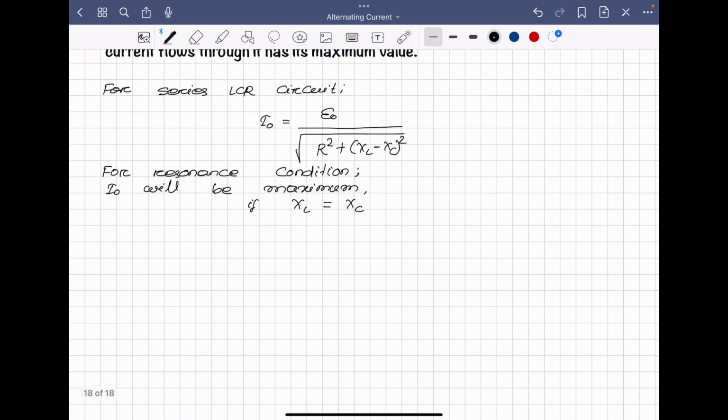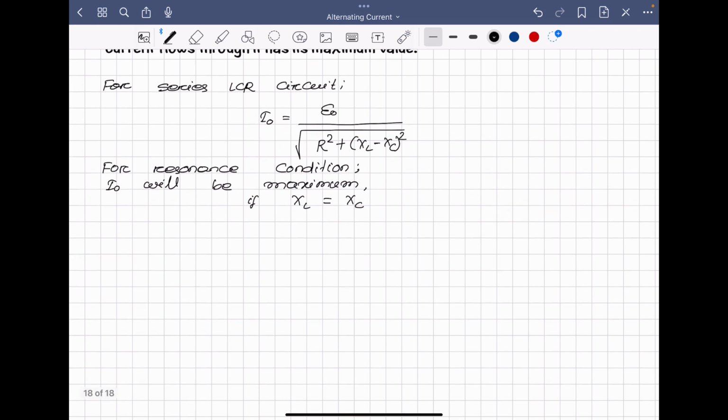So then what about XL? We know XL is omega L. In place of XC we can write 1 upon omega C. Then we can write omega square equals 1 upon LC, or we can also write omega equals 1 by under root LC. In place of omega, we can write 2 pi f also.